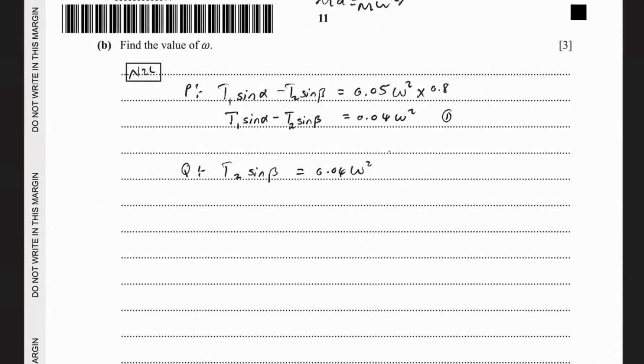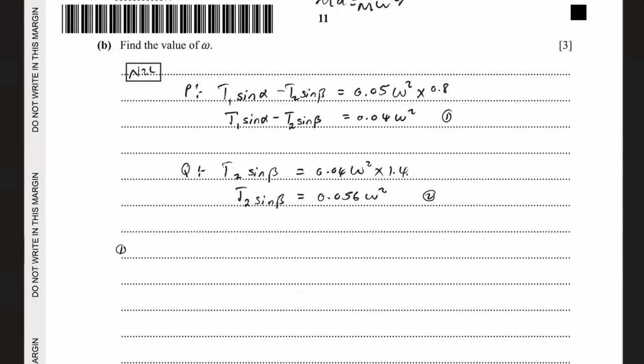So we have times 1.4. So this is T2 sine beta being equal to this, which is 0.056 omega squared. All right. So this is what we have, and I'll call that equation 2 for this part.